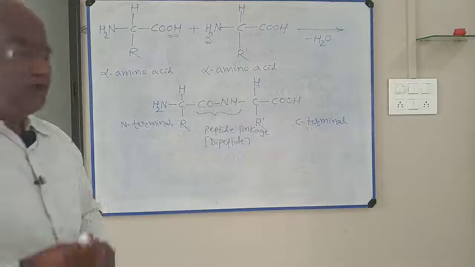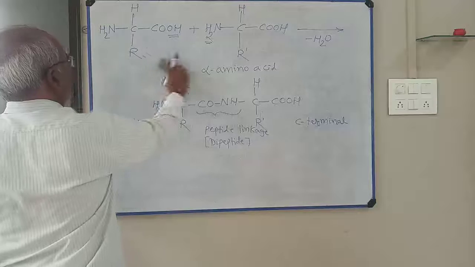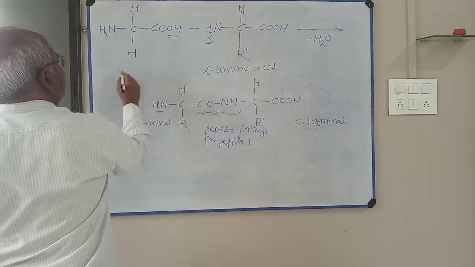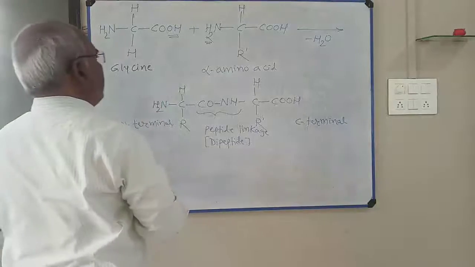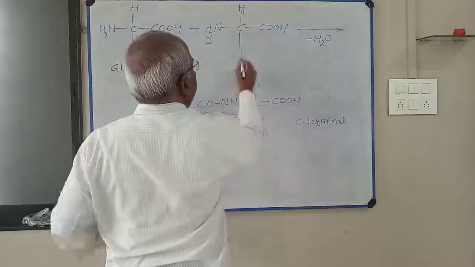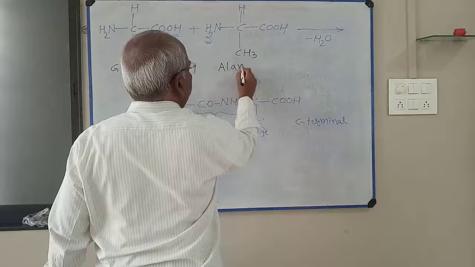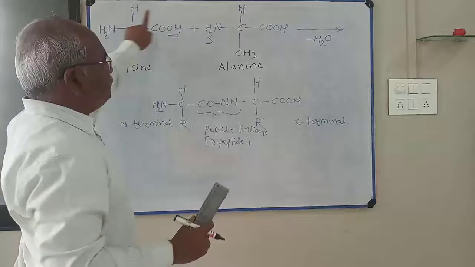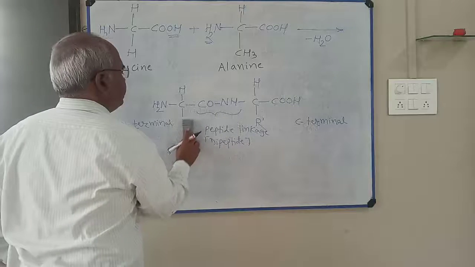One more thing I want to make clear here. Instead of R, I take hydrogen. This is glycine. And instead of R dash, I take CH3, alanine. Glycine combines with alanine and the product produced is like this.